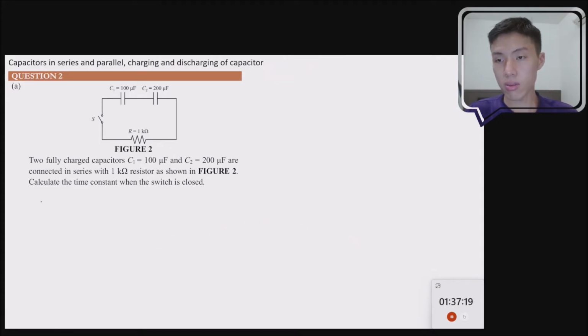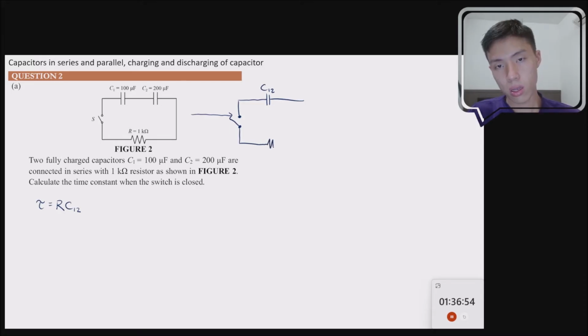Time constant can be determined using tau is equal to RC, but for C you have to calculate the C effective, or C12. So how do we do C12 over here? We know that the connection is C1 and C2 in series becoming C12. So how do you combine two capacitors that are in series?